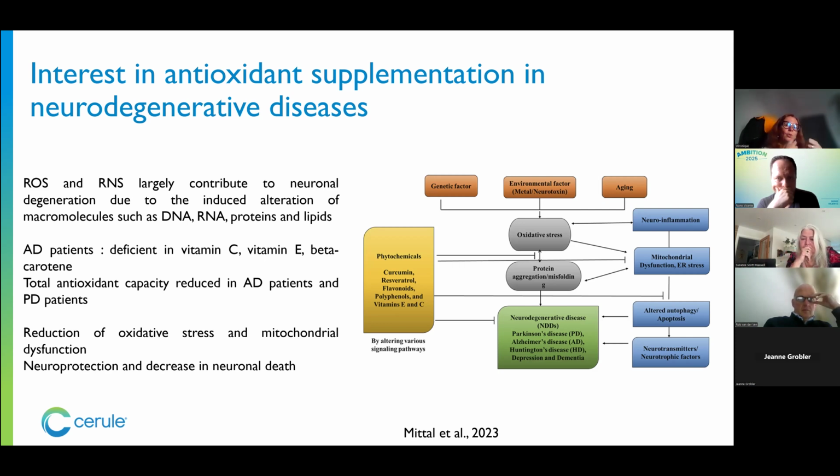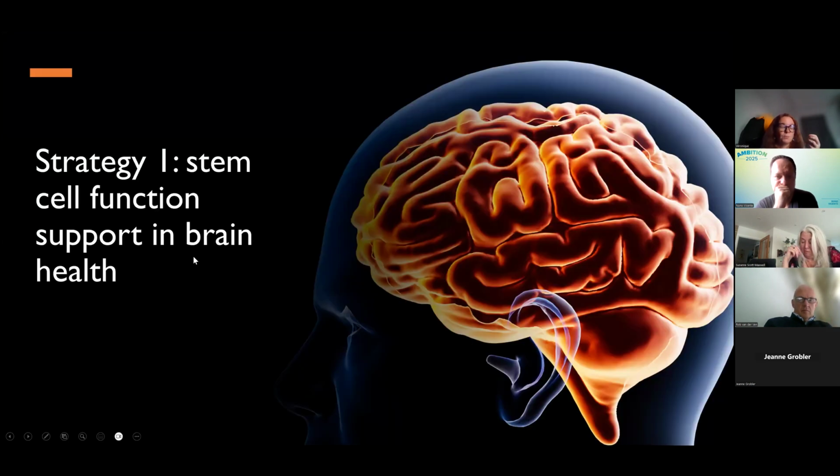As we know, oxidative stress is linked to this degenerative process, mitochondrial dysfunction, and neuroinflammation. So the idea is really to decrease this oxidative stress by antioxidant supplementation.